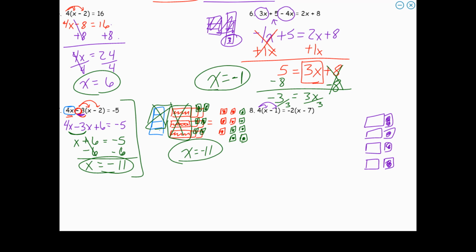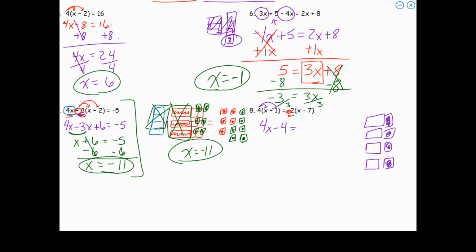So 4 groups of 1x, negative 4. So when I distribute over here, I'm going to have 4 x's and negative 4 1s. If I do my other side, it's a negative 2, which means I have to change the signs of everything over here.